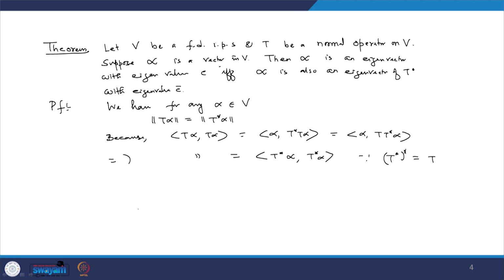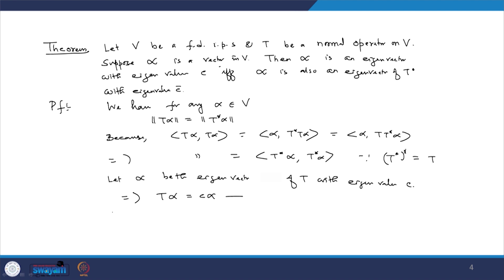Now, let alpha be an eigenvector of T with eigenvalue C. This implies T alpha equals C alpha.